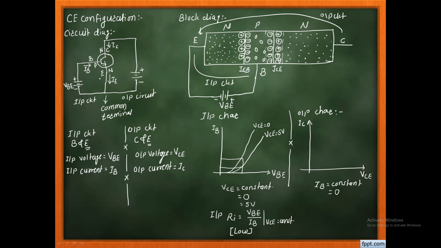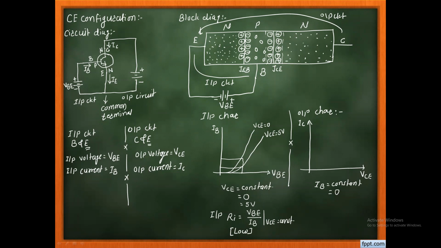It means the input circuit acts just like open or reverse bias. And the collector to base junction is already connected in reverse bias. So when IB is equal to 0, both junctions are in reverse bias, and in this case the transistor works in the cut off region.